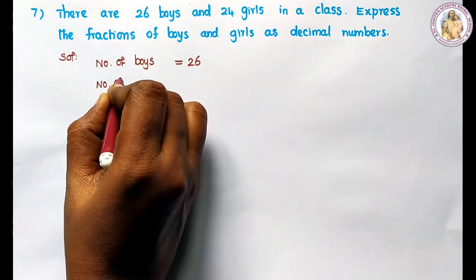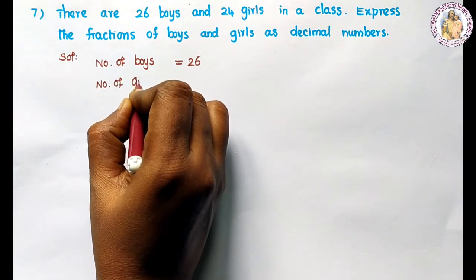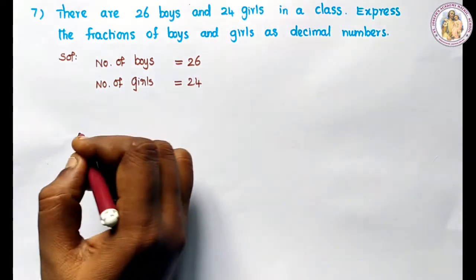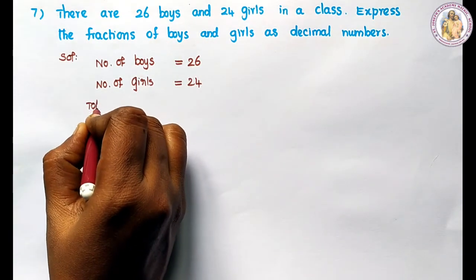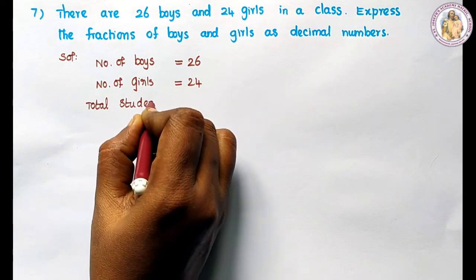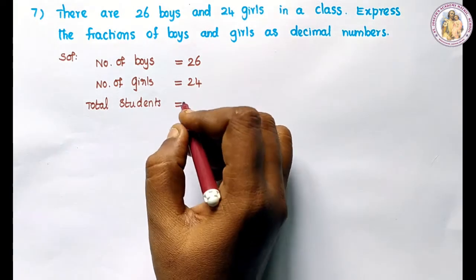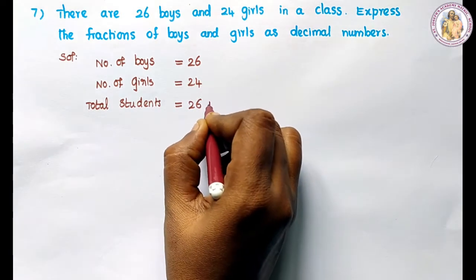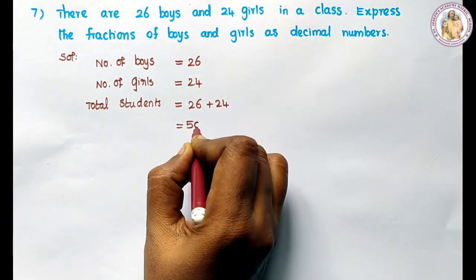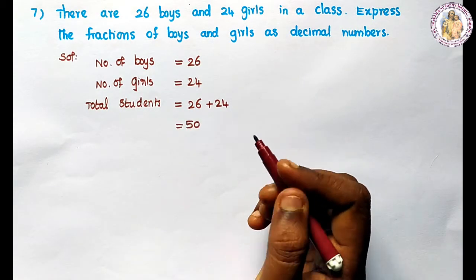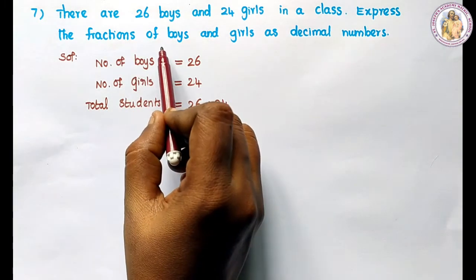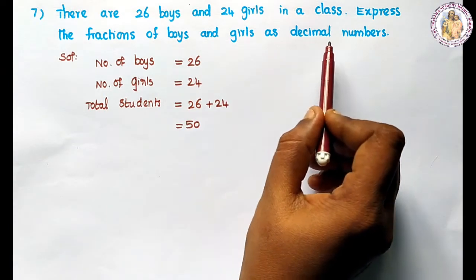Number of girls equal to 24. So total number of students equal to how much? 26 plus girls 24. So totally 50 students. Now what they ask? Express the fraction of boys and girls as decimal numbers.